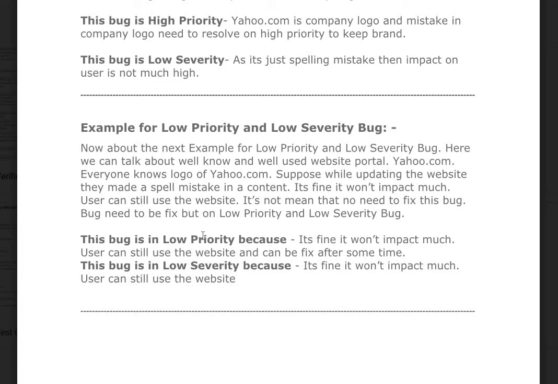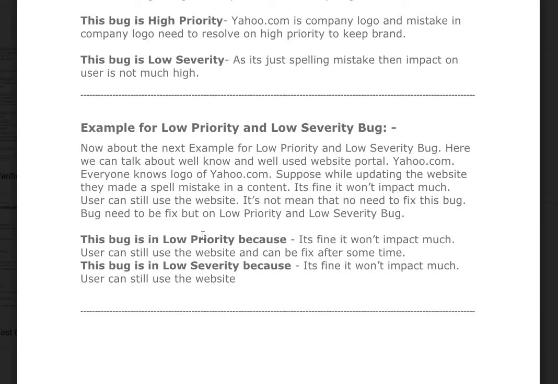Suppose while updating the website, there is a mistake somewhere in the content. Let's take an example of the terms and conditions.